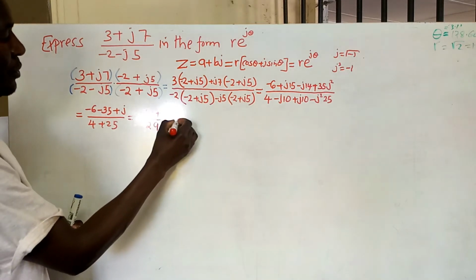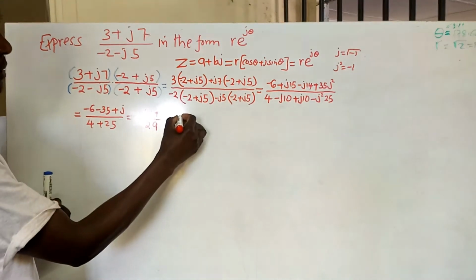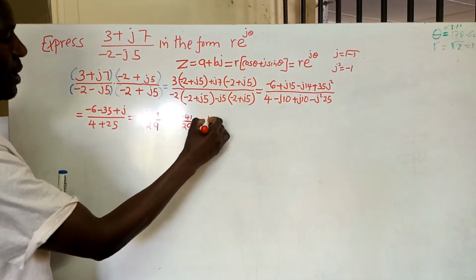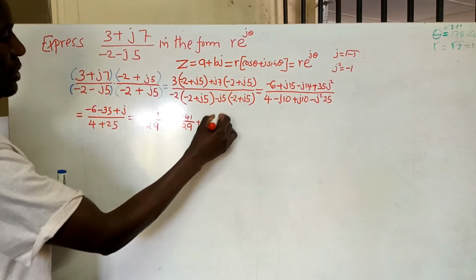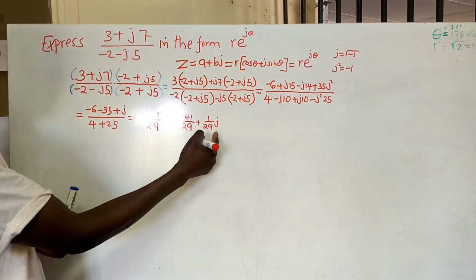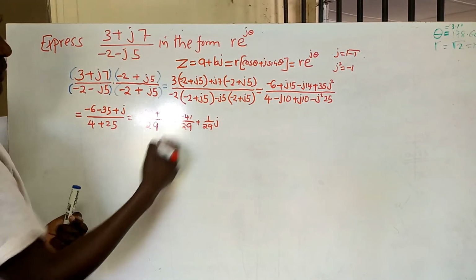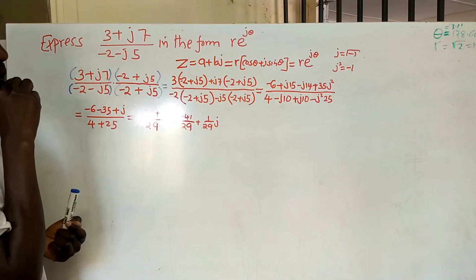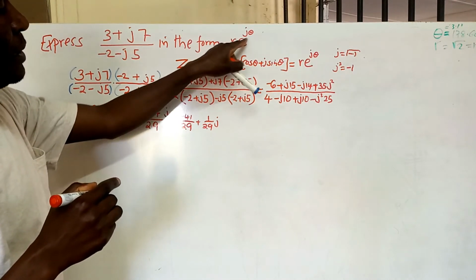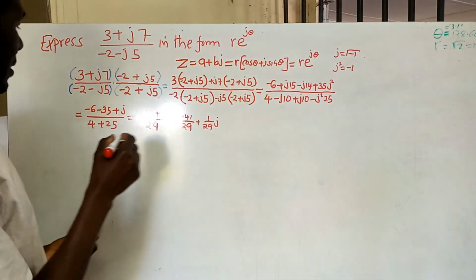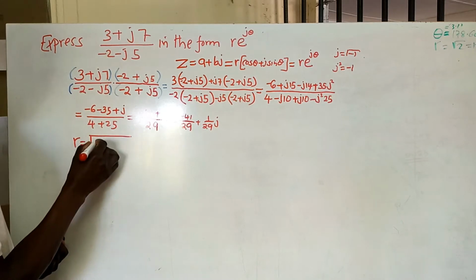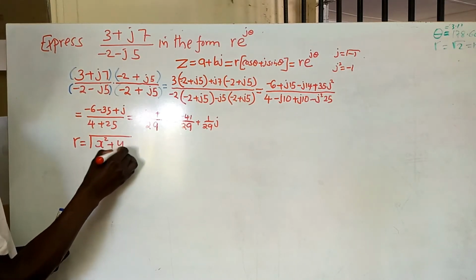So you can split it into the real part and the imaginary part. -41 divided by 29 plus 1/29j. That is the simple form of our fraction as a complex number. Now from here we are going to get two things: r, which is the magnitude of that complex number, and theta, which is the argument. We know that r is given by the square root of x squared plus y squared.